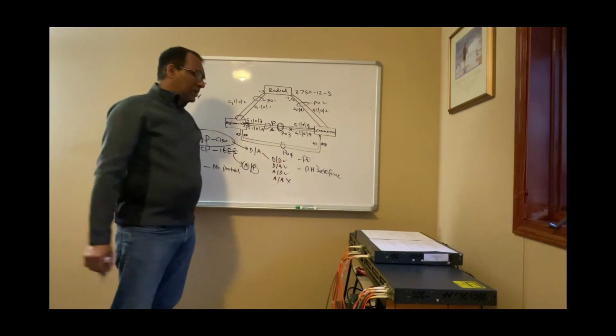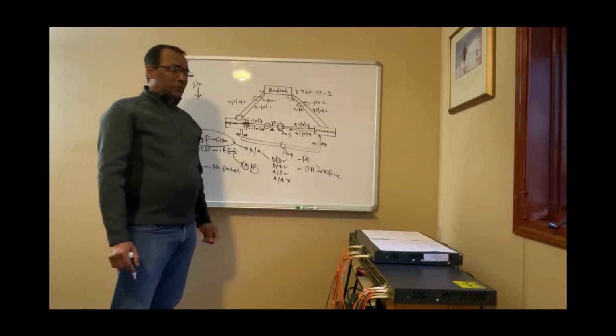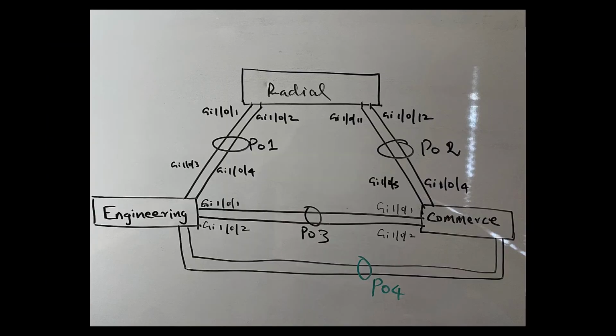All right, let's get into the lab and see how we can do the configuration. I'm going to start the configuration with the radial switch. As I showed you in the diagram, ports 1 and 2 are connecting to ports 3 and 4 in the engineering switch. Ports 11 and 12 are connecting to ports 3 and 4 in the commerce switch.